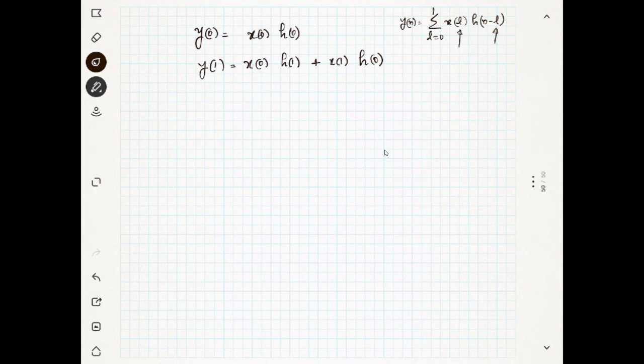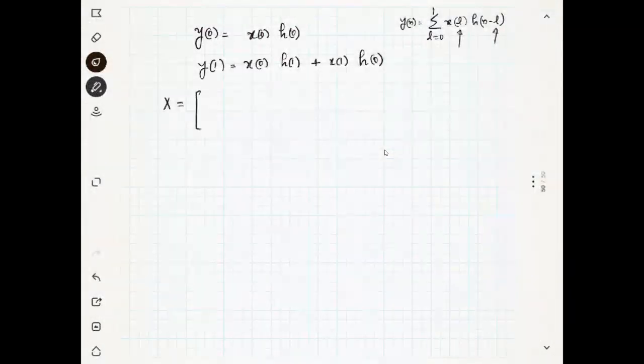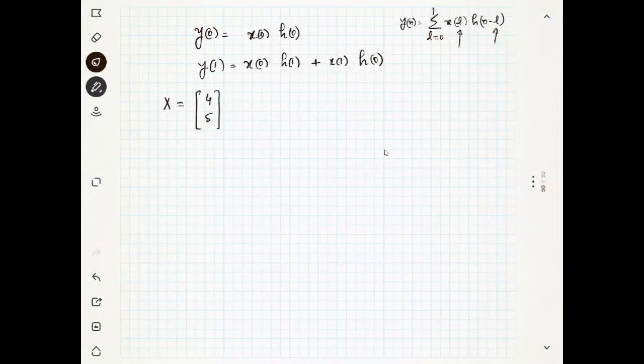Clear? Okay. So I am going to represent my signal in terms of vector. What is x? I forgot. X is 4 and 5. And what is my h?